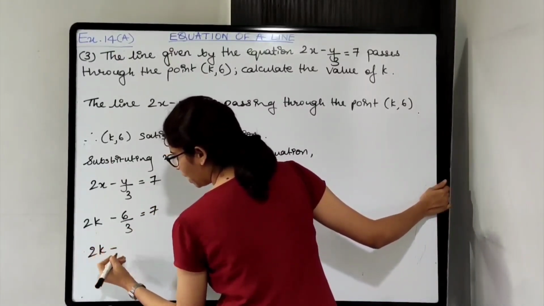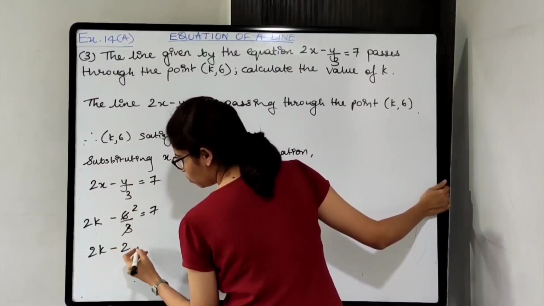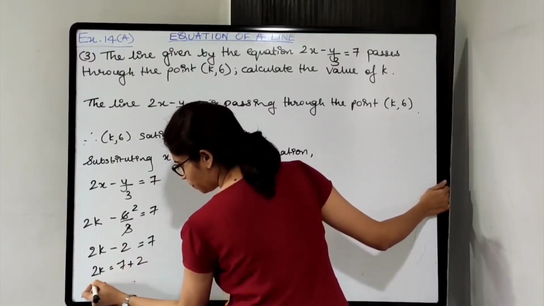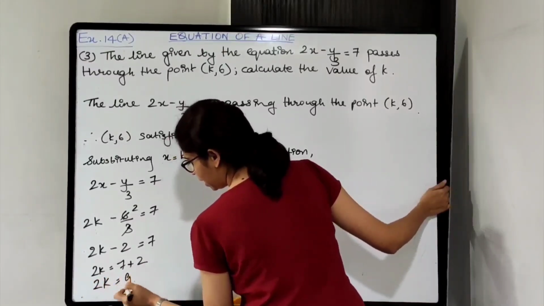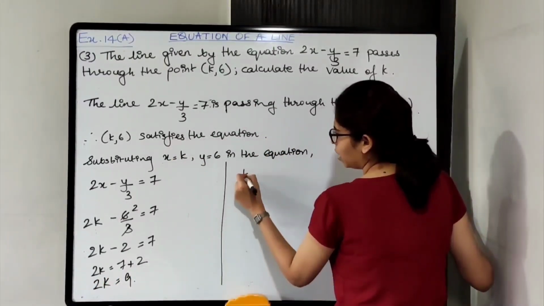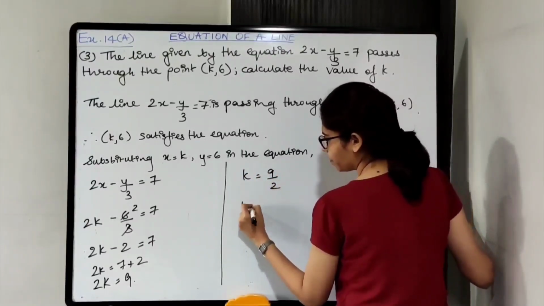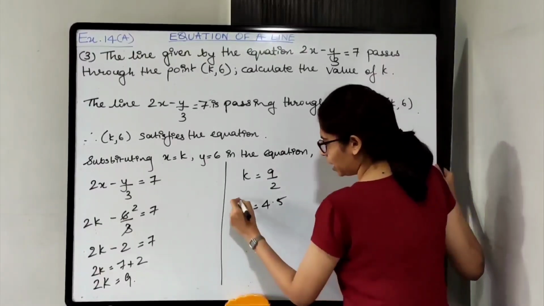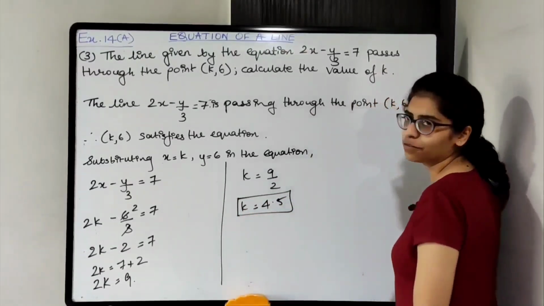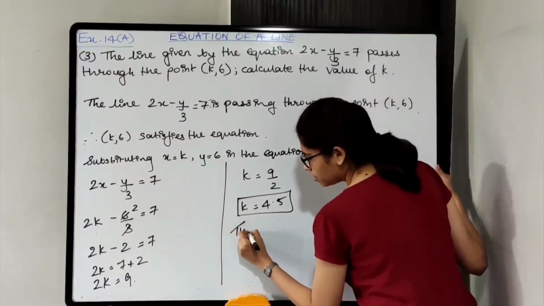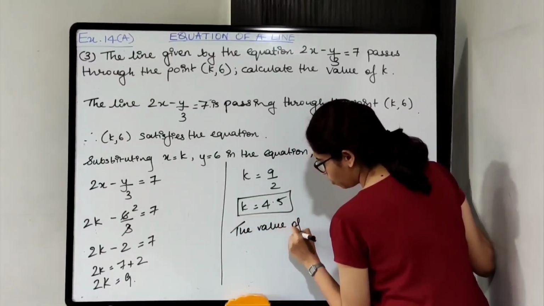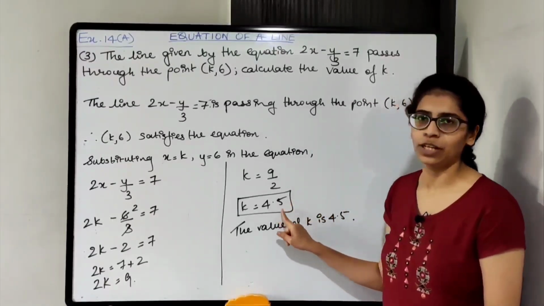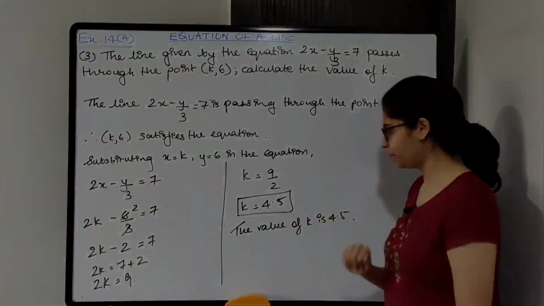So 2k minus, 3 2s are 6, so 2k minus 2 is equal to 7. So 2k is equal to 7 plus 2. So 2k is equal to 9. So k is equal to 9 by 2, that is 4.5. So the value of k is 4.5. Write down the final statement. The value of k is 4.5, and box the value that you are getting on solving the equation.